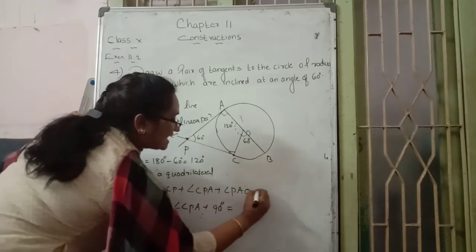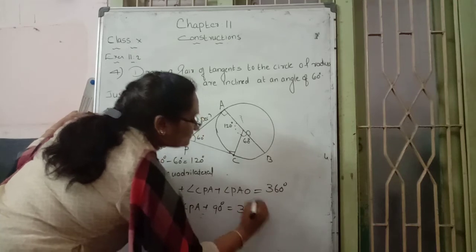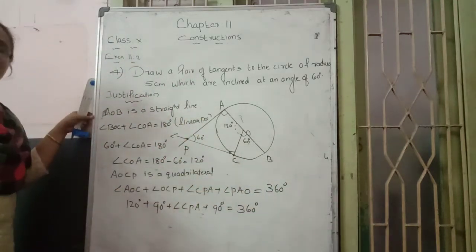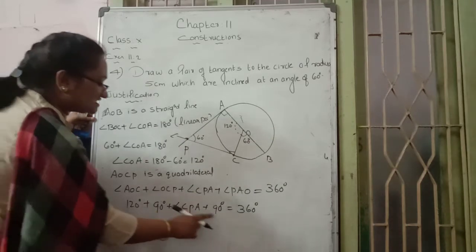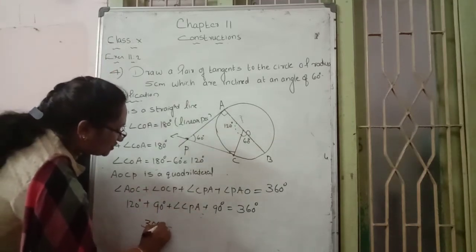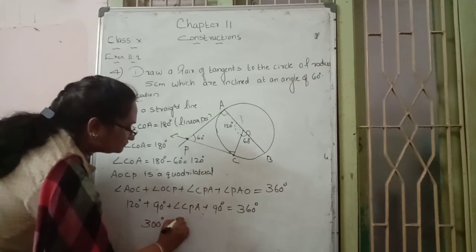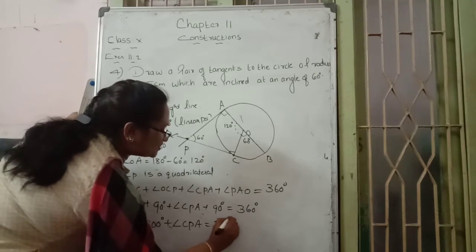That is equal to the sum of a quadrilateral, 360 degrees. Adding 120 plus 90 plus 90 becomes 300 degrees. So 300 degrees plus angle CPA is equal to 360 degrees.